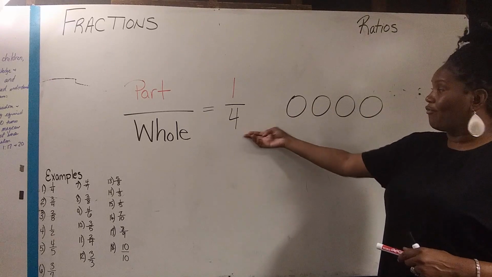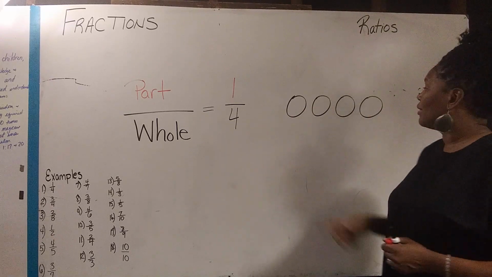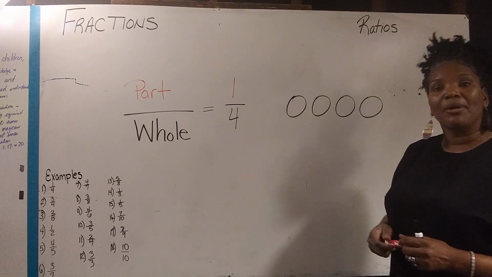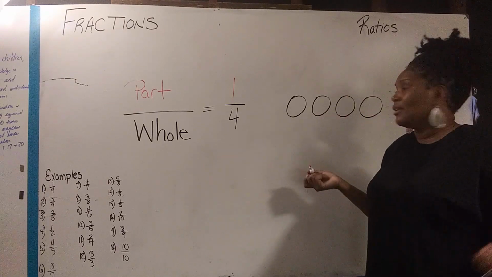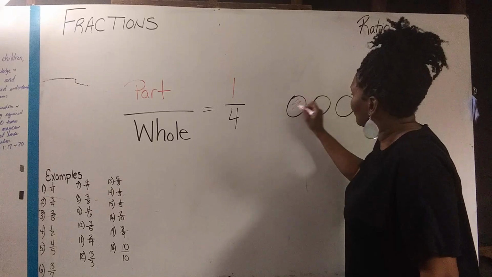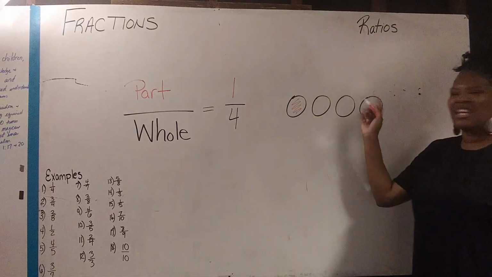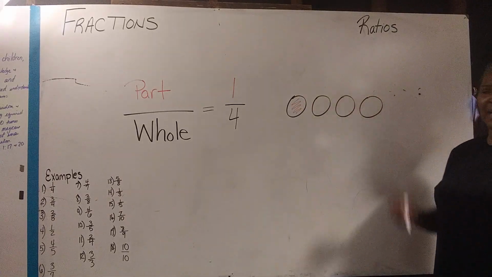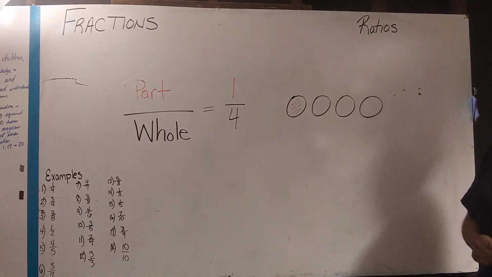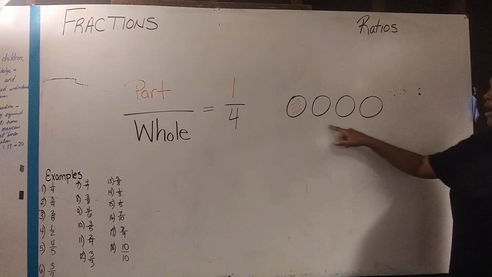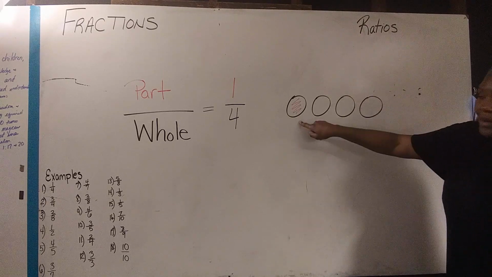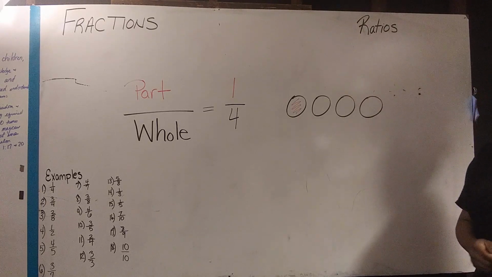I got 4 is my total or my whole number, and the part I'm supposed to color is only 1. So I can choose whichever one I want to color. But I can color it red. Okay? And you don't have to color the whole thing. I just color it a little bit. So this is how you draw 1/4. 1 of the 4 is colored.